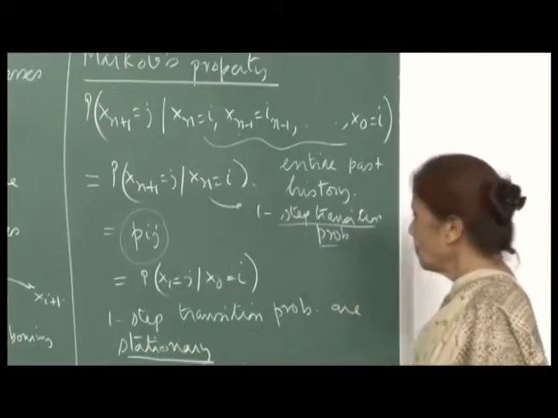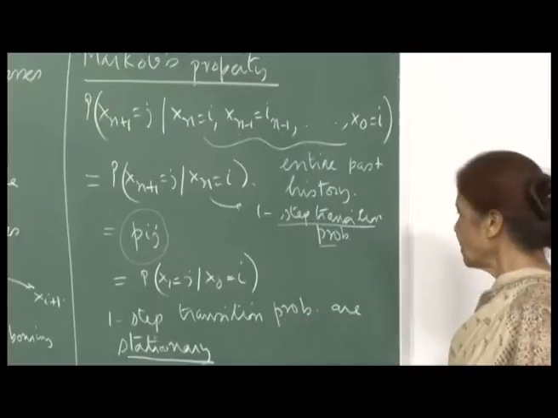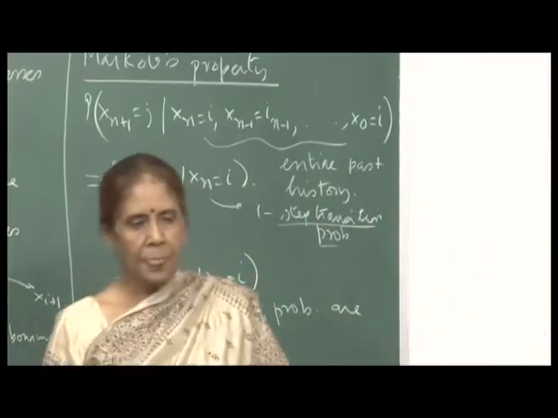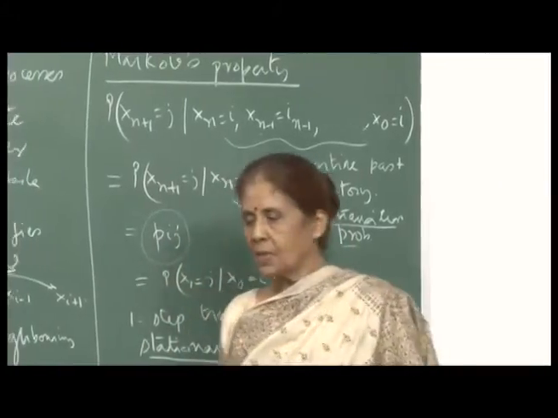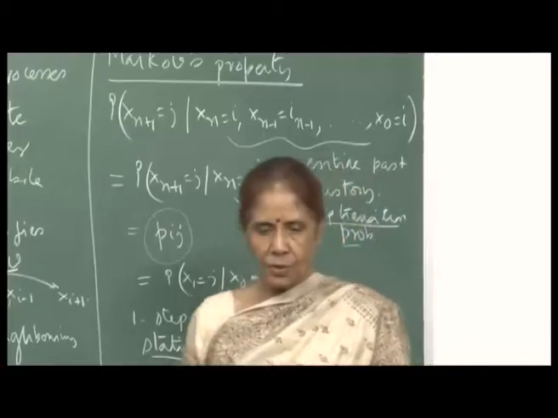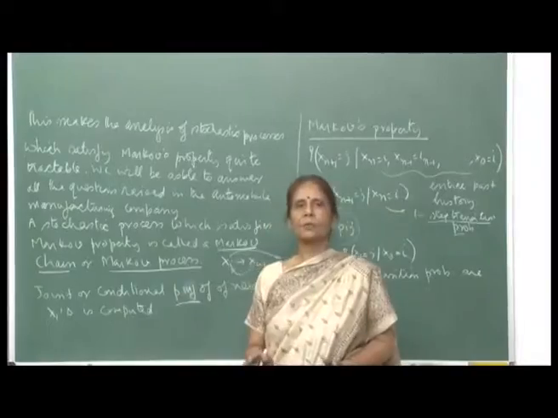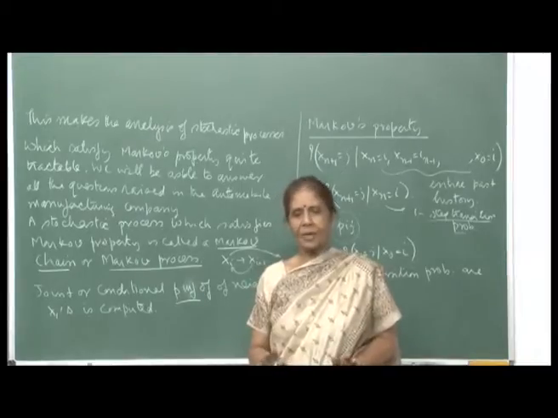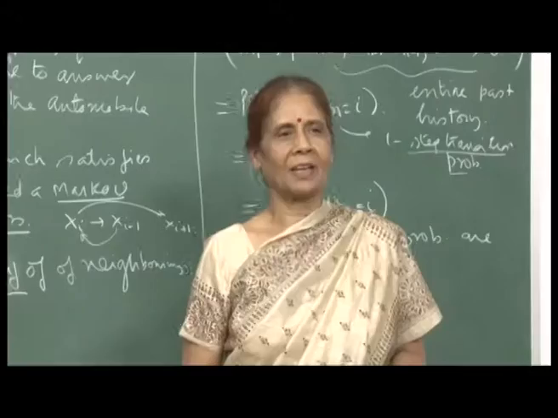That is why the word stationary. So, what we are saying is that the one step transition probabilities are stationary. Essentially the explanation here is that whatever process you consider, after the initial perturbations and so on, the system has settled down, and the process has become stationary.